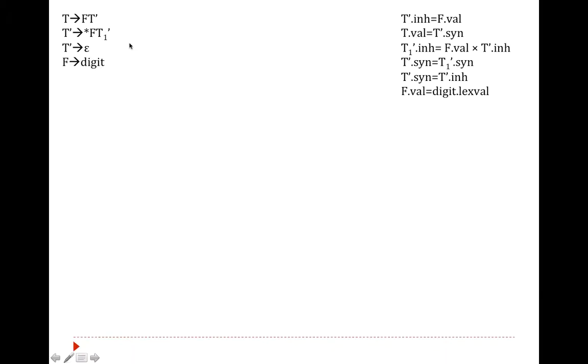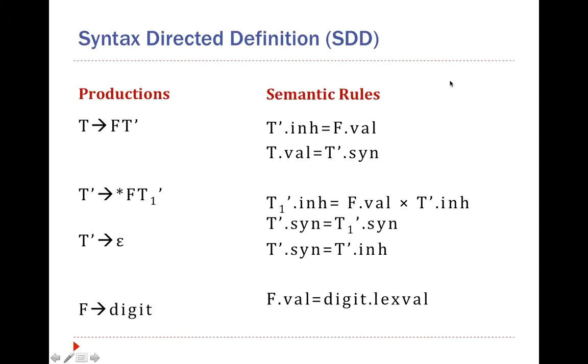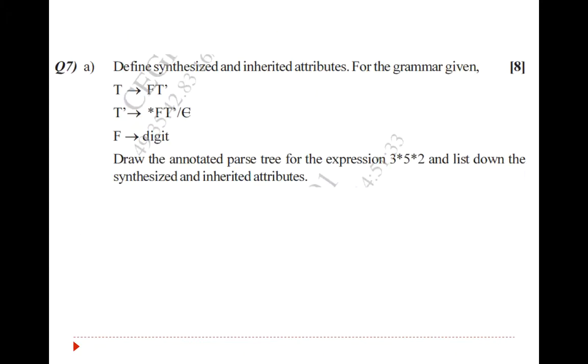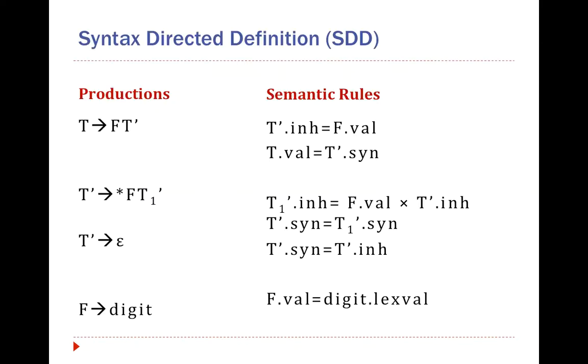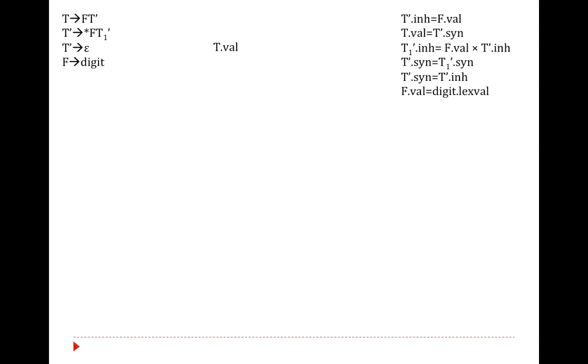So here I have just written the grammar and the semantic rules. We have to design for 3 multiplied by 5 multiplied by 2. So it will start from the start symbol, that is T. The first correction is that this should be inh.